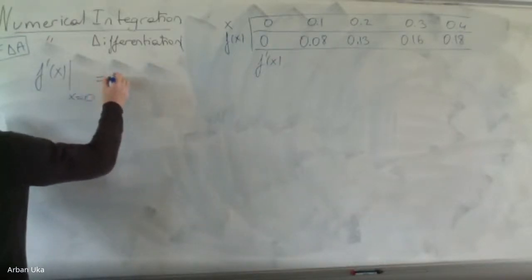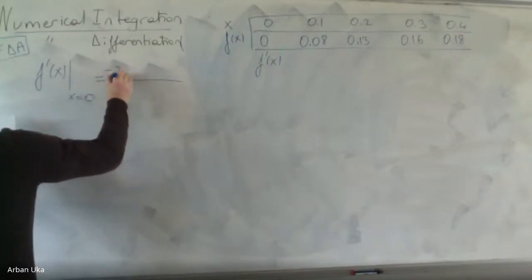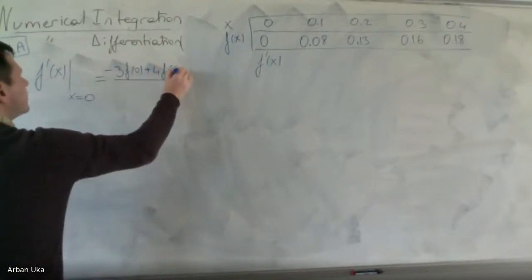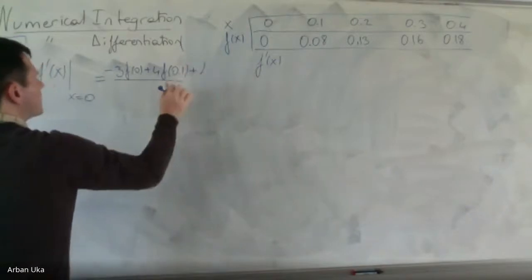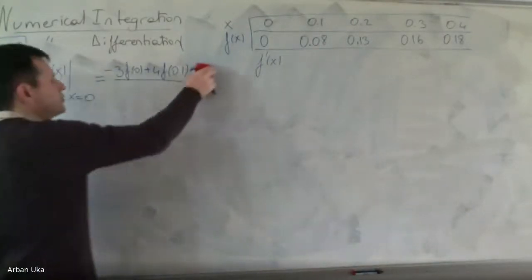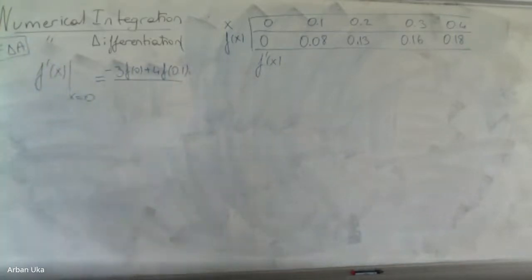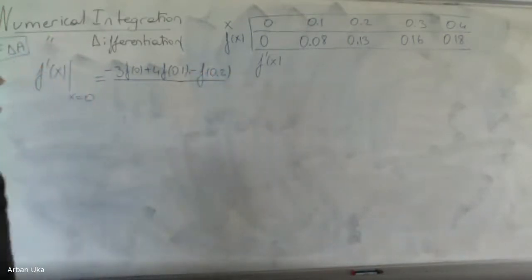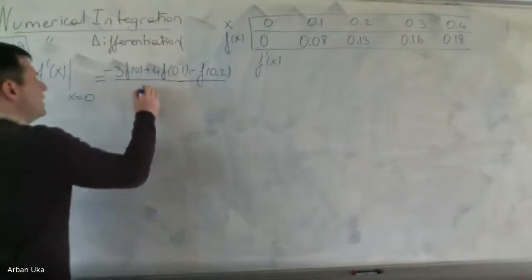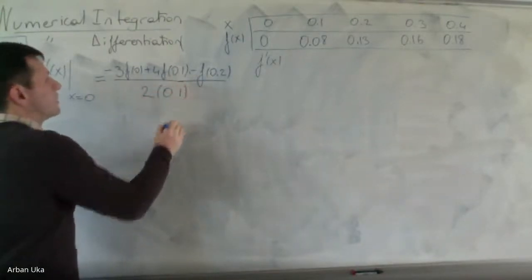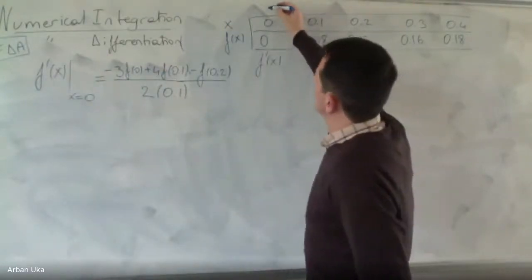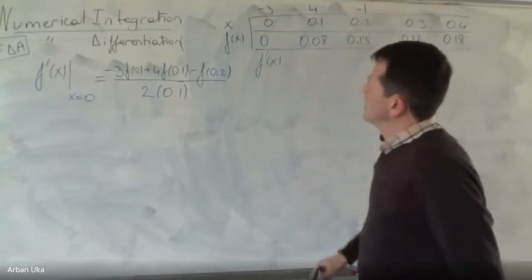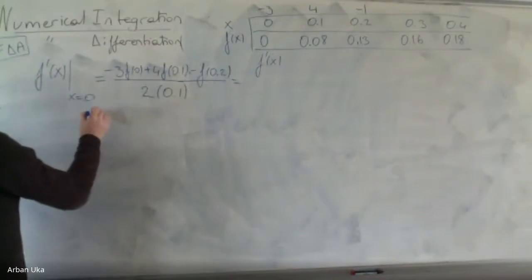This is going to be equal to minus 3f0 plus 4 times f0.1 minus, because these numbers should add up to 0, we know that, f evaluated at 0.2, divided by 2h, which is 2 times 0.1. So we used a coefficient of minus 3, a coefficient of 4 here, and a coefficient of minus 1 here.